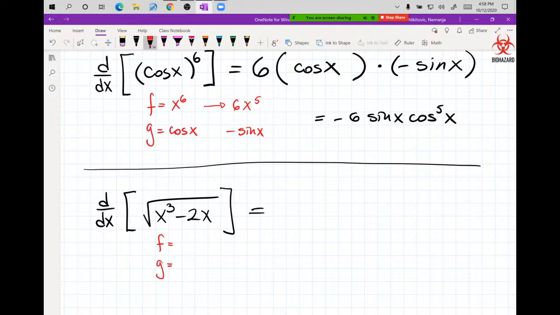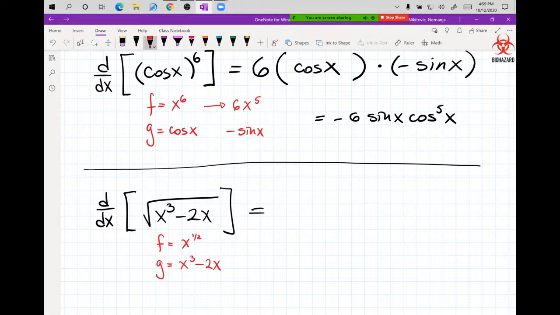You have to unmute yourself. Is the outer x to the 1/2? Excellent. And the inner is x cubed minus 2x. Perfect. Very good.